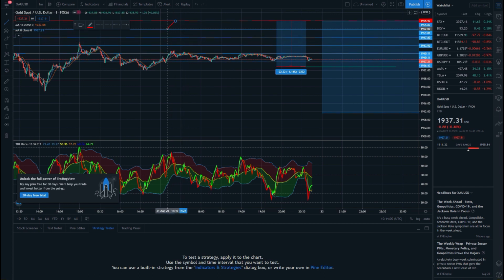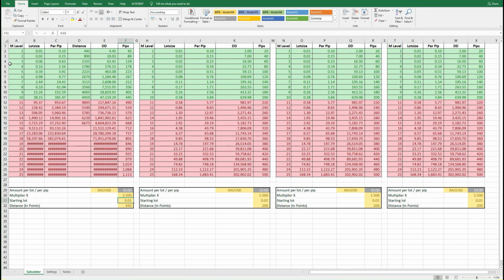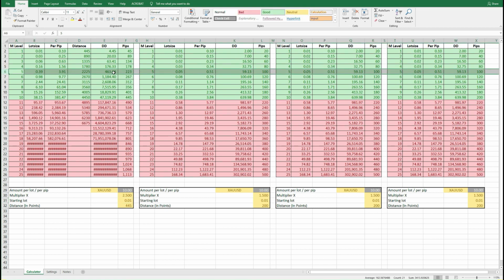Okay, and it moves down to the fifth line, fifth position. So let's say you have 5 positions open and it goes all the way down until here. Your DD should stand at the 5th position at $463.